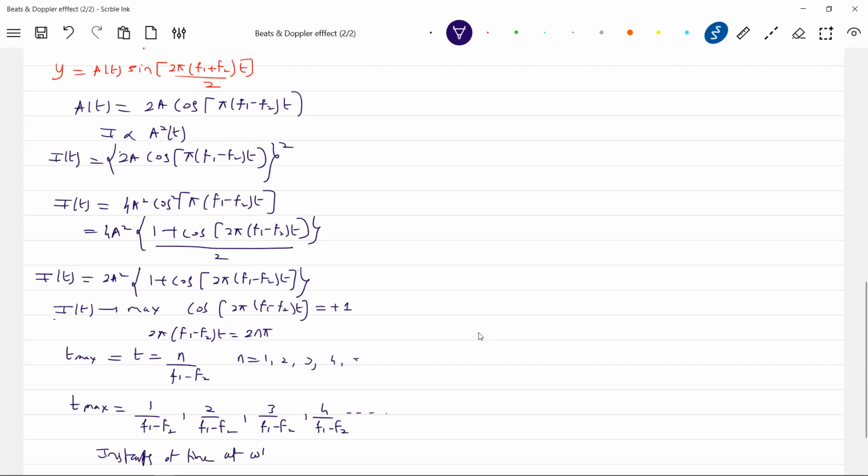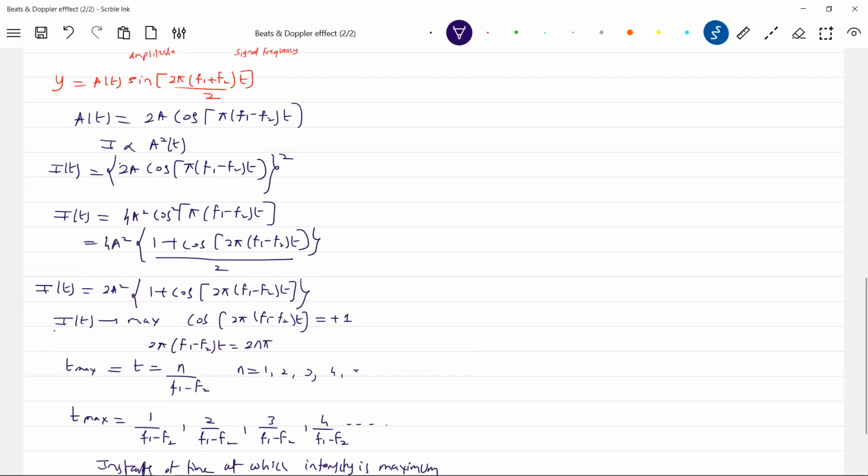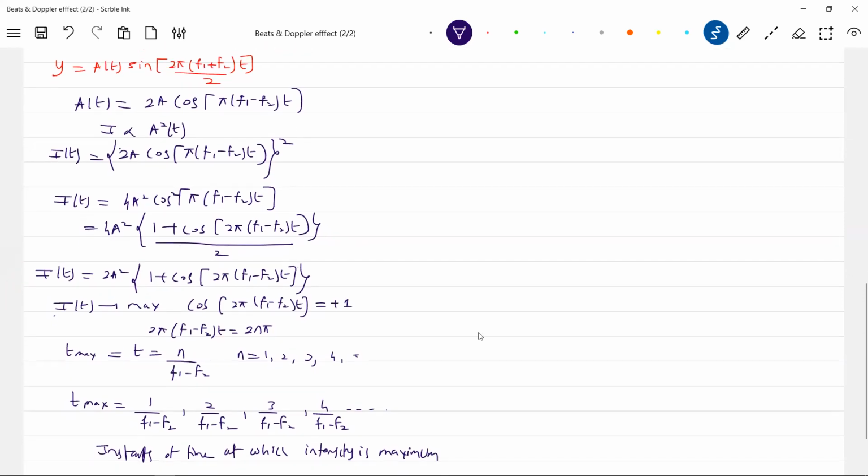Instants of time at which intensity is maximum. Similarly, I want the instants of time at which intensity will be minimum.